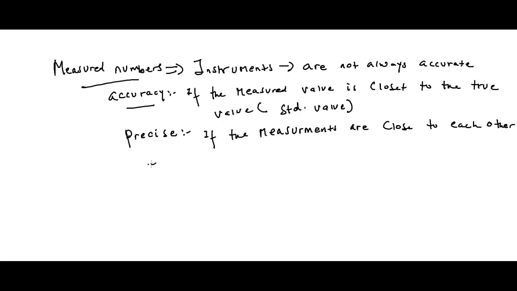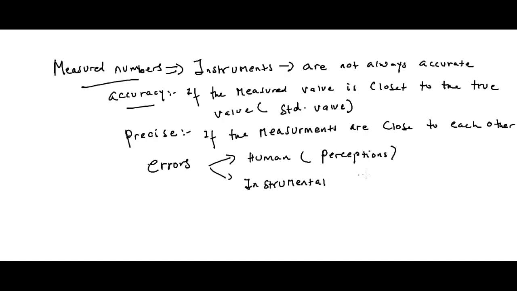When we say errors, there are going to be human errors. There are also going to be instrumental errors. Human errors come from human perceptions. Instrumental errors come as mistakes from the instruments, maybe the instrument is not calibrated, the scale is not calibrated very well, or it might be old, so there is a calibration error.